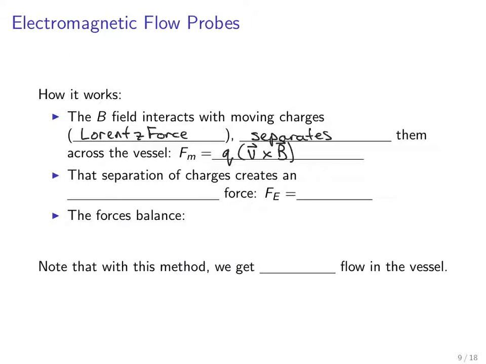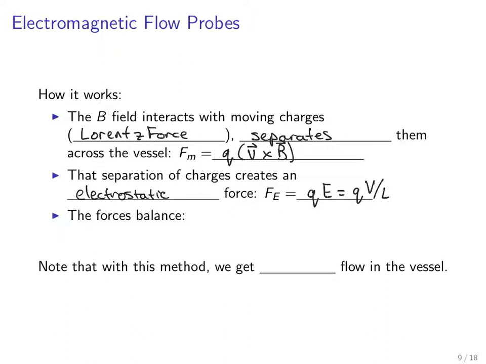That separation of charges creates an electrostatic force, which is given by the charge times the electric field, which is equal to the charge times the voltage divided by the vessel diameter.